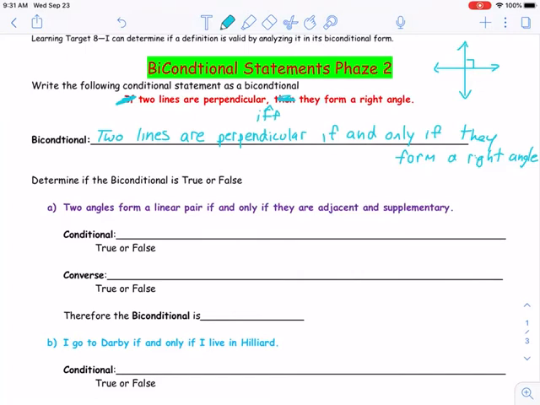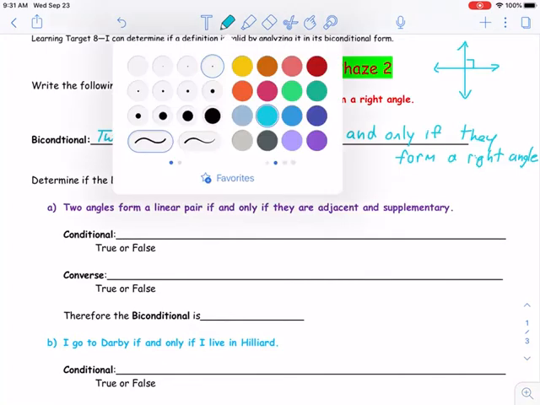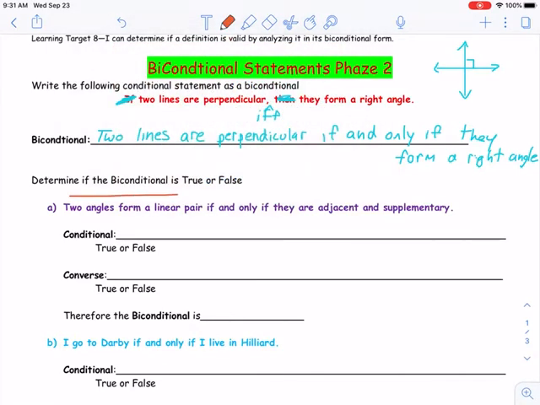All right, now we're going to recall, how do we determine if a biconditional is true or false? So we have this one right here. Two angles form a linear pair if and only if they are adjacent and supplementary. So remember, it has to be true in the conditional form. So basically we're reading it the way it's written.